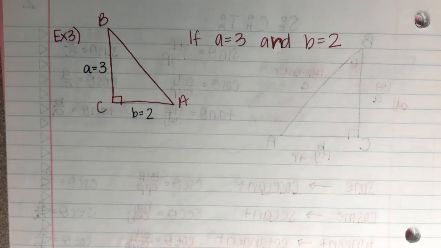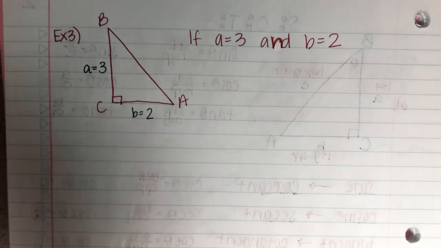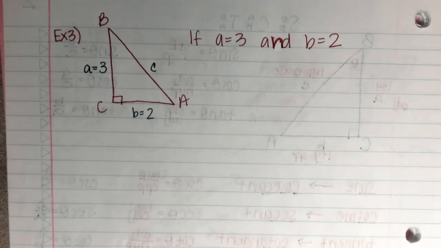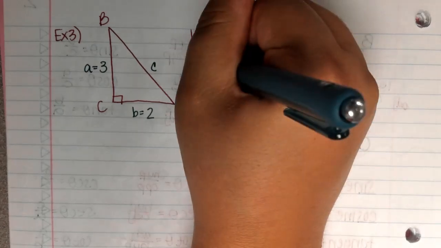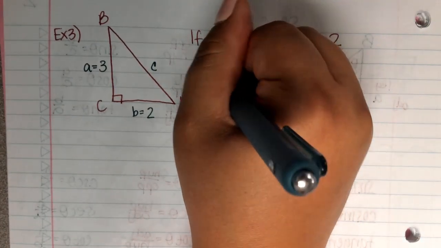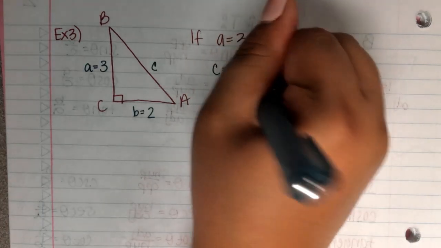What's going to be easiest to find this time? The hypotenuse. Why? And so what can I do? I can just do Pythagorean theorem. So to find C, it's going to be C squared equals A squared.